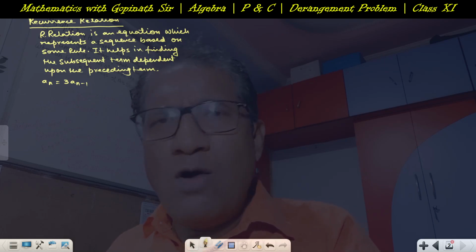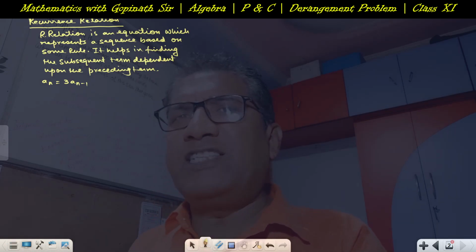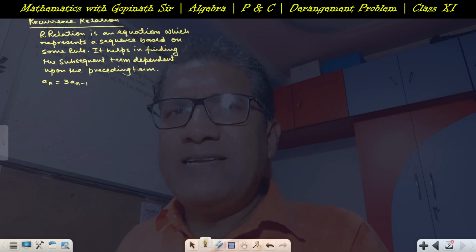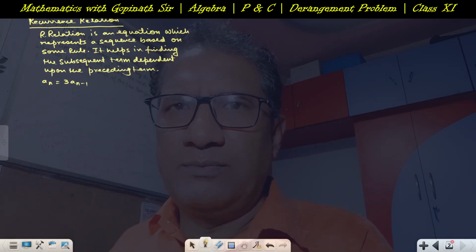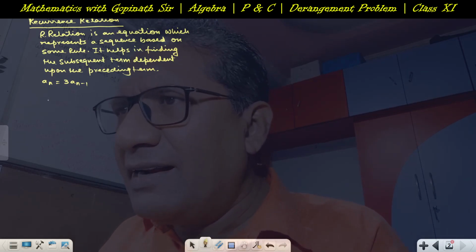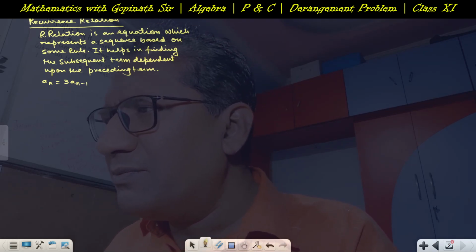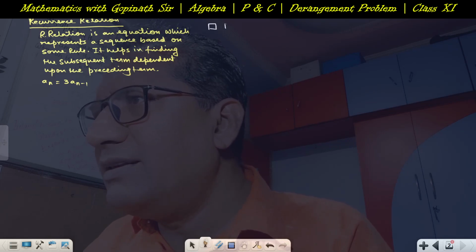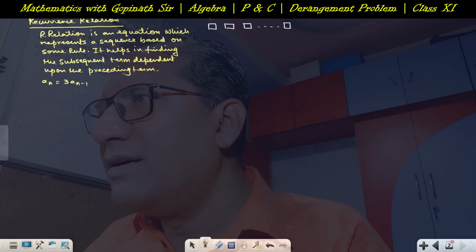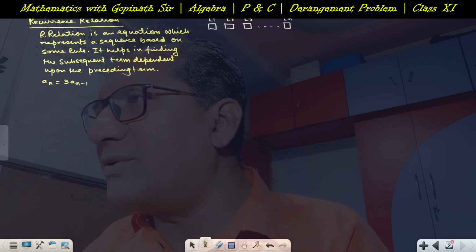Now, how to use this recurrence relation to find out the number of derangements possible? There are n letters. Let me just draw it again. There are n letters like this: letter 1, letter 2, letter 3, letter n.